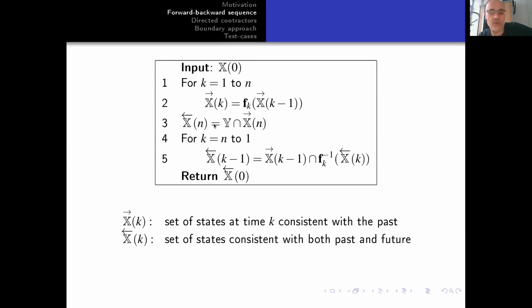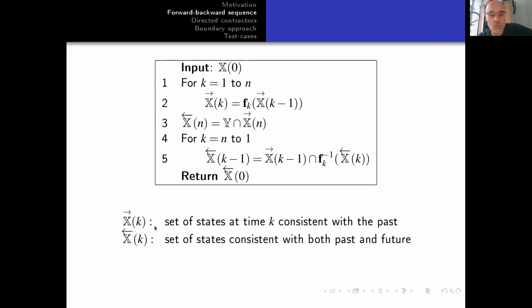So we perform this intersection and we get the backward set, which is represented by the left arrow on top. Then we perform a backward propagation from y up to x0, and we return this set. So it is what we call a forward-backward sequence.